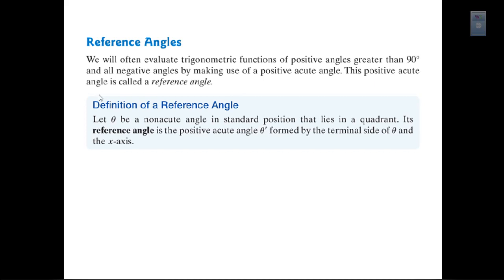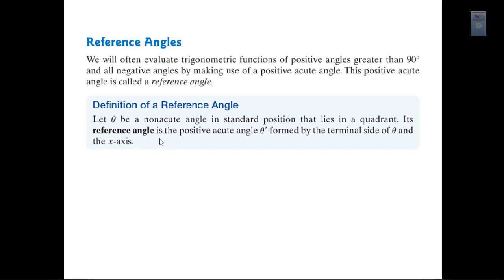This positive acute angle is called the reference angle. Once we get those values, then we can use the quadrants to determine what the signs of those would be, the sign, positive or negative. So the definition of a reference angle: let theta be a non-acute angle in standard position that lies in a quadrant.